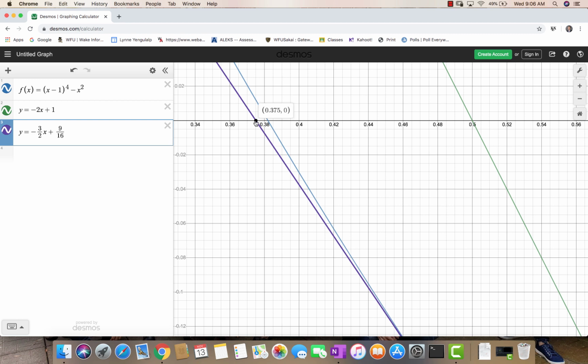So what I would do next is compute the linearization at this new x value. So I would find the equation of the tangent line right here, and see where it crosses the x-axis. And at that point, I'd be getting a very, very close approximation for what the root is.